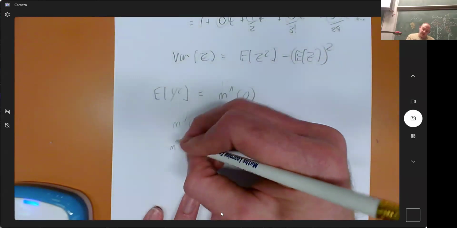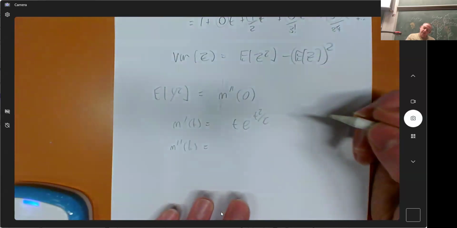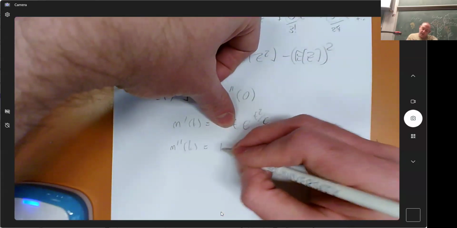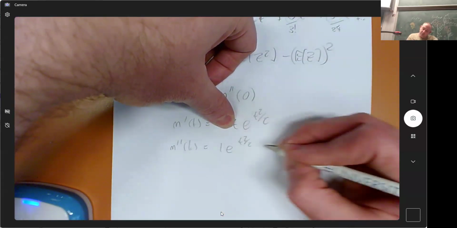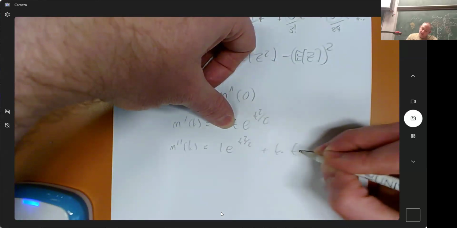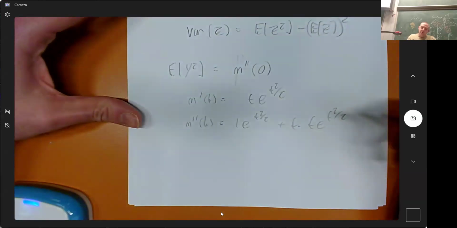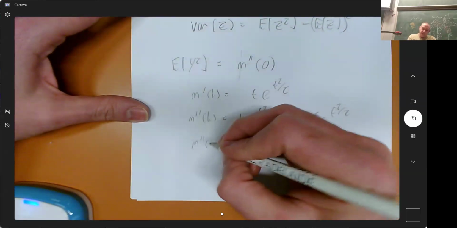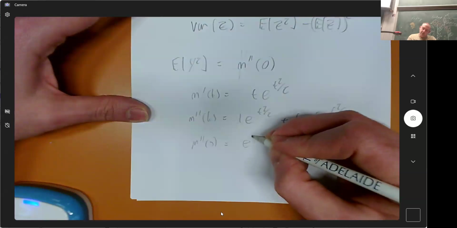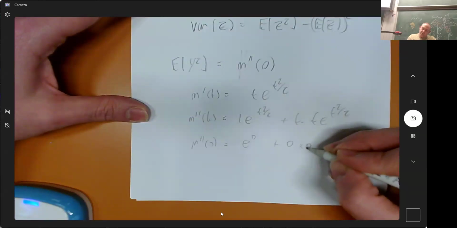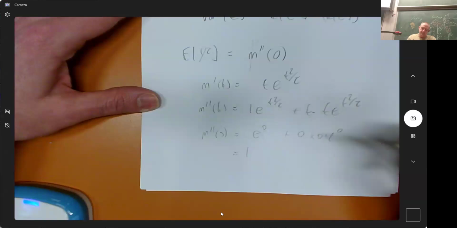And now m double dash t is 1 e t squared on 2 plus t times t e t squared on 2. And so when you sub in 0, m double dash of 0, you get e to the 0 plus 0 times 0 times e to the 0, which is 1.